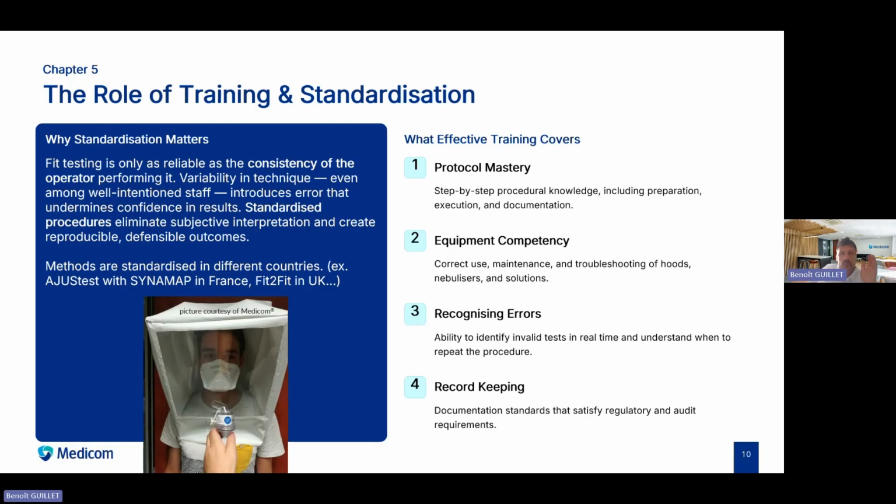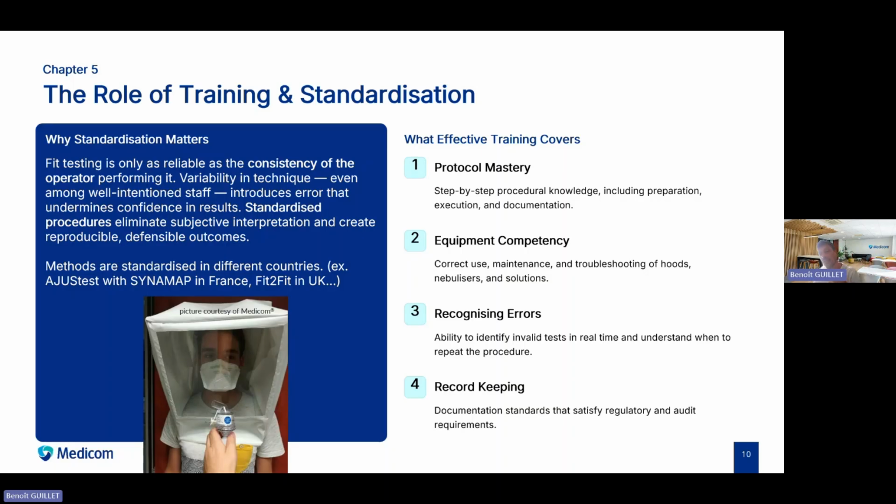So operators must fully understand each step of the procedures. It is the first very important role of the training. Equipment competency, it is what I mentioned just before with the clogged nebulizer. The trainer needs to know how to use the fit testing equipment, the nebulizer for instance, and maintain the equipment correctly.